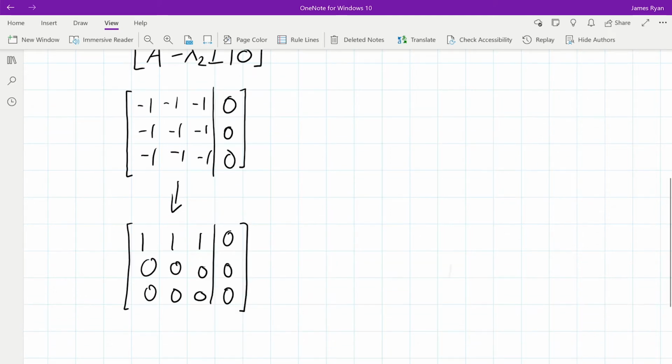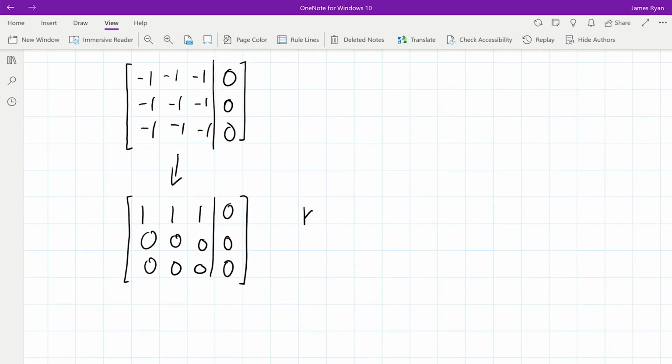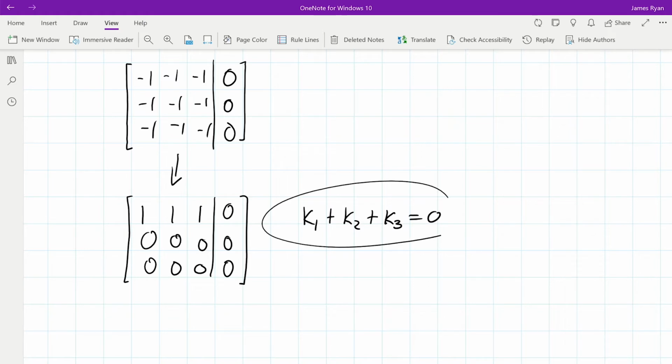And so what this says is that k1 plus k2 plus k3 equals 0, but it gives us no other information. And so we can construct two linearly independent eigenvectors from this same eigenvalue, from this same equation.